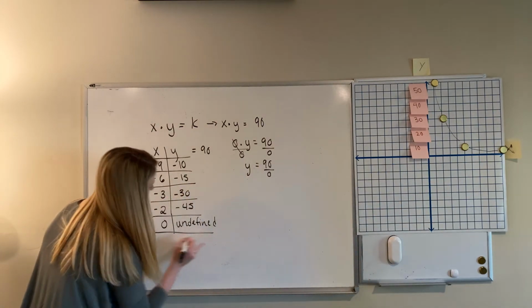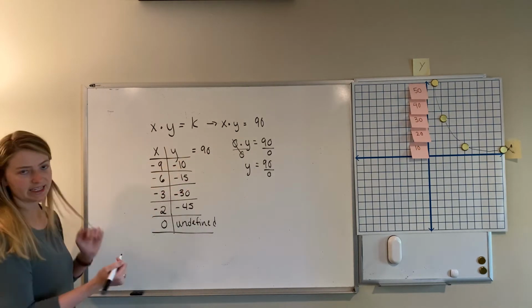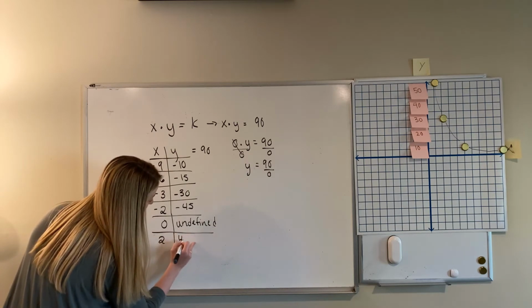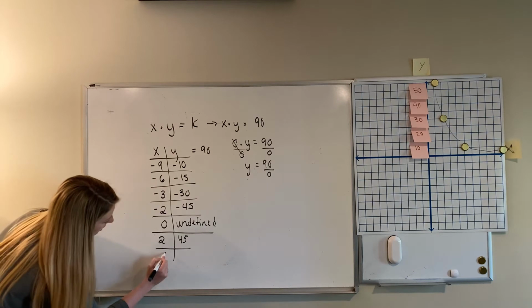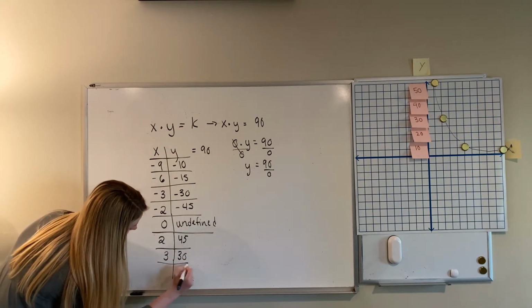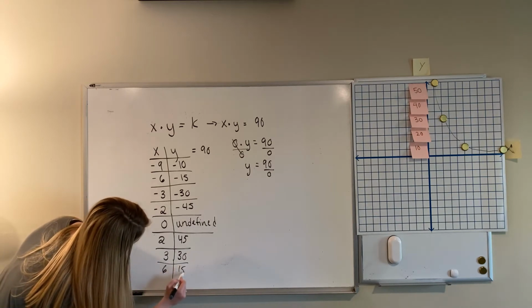And now we keep going, and we're going to go through our positive values, because we're still trying to get to 90. So that means I could have 2 times 45 is equal to 90. 3 times 30 is equal to 90. 6 times 15.